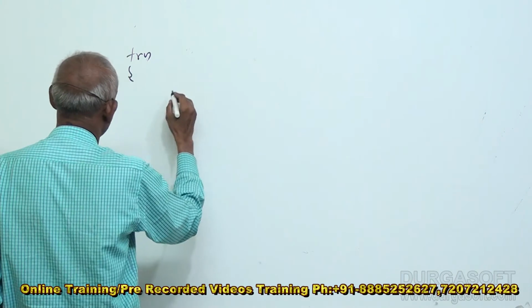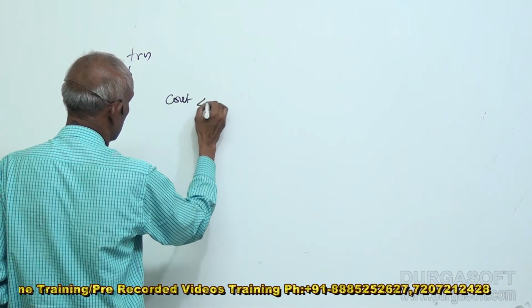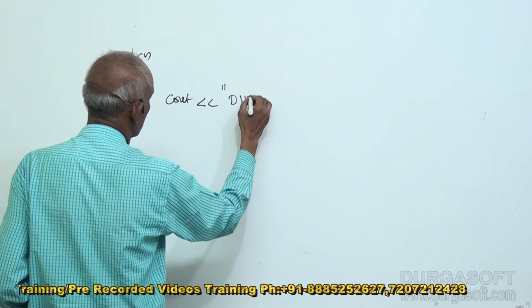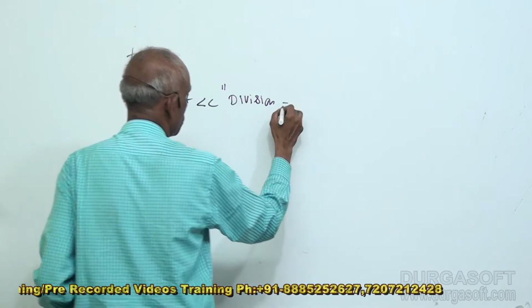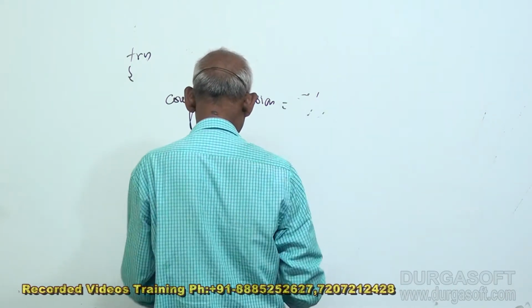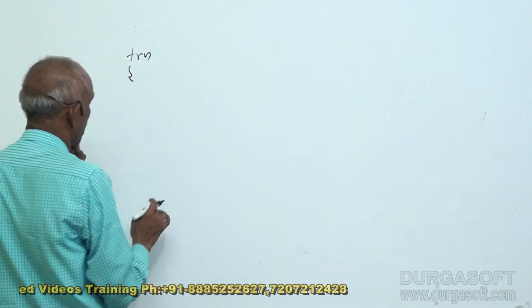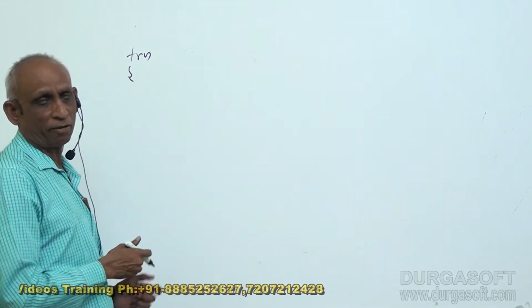Try, opening brace. Then I write cout division is equal to x by y. Actually not even this. Before that statement I need to check the y value, the denominator value.